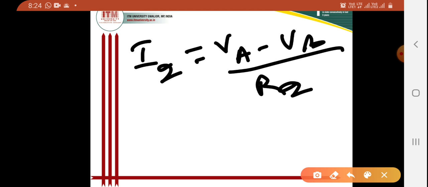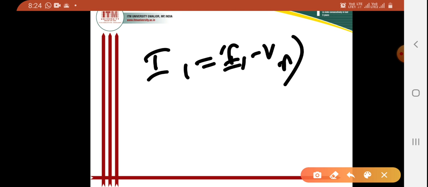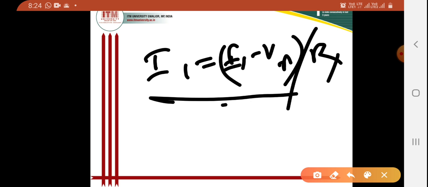Already you know that I1 is E1 minus VA by R1. Now we are going to substitute all the values, which are calculated, in this equation. So in the place of I1 I can write E1 minus VA by R1.